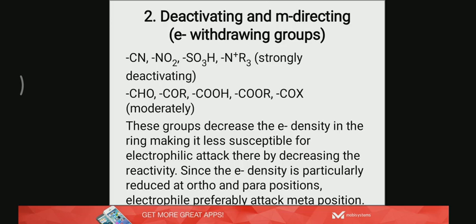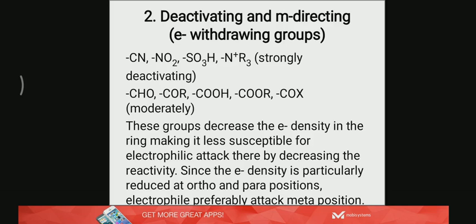Now coming to the second category, deactivating and meta-directing. Here, these are electron withdrawing groups. It may be strongly deactivating or moderately deactivating. What is their speciality? We have already discussed these things in the minus R effect, if you remember.